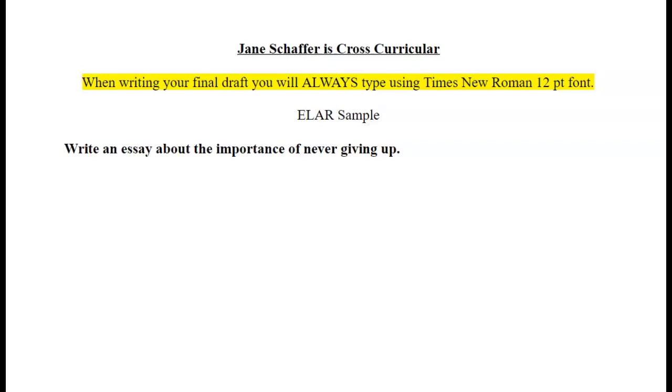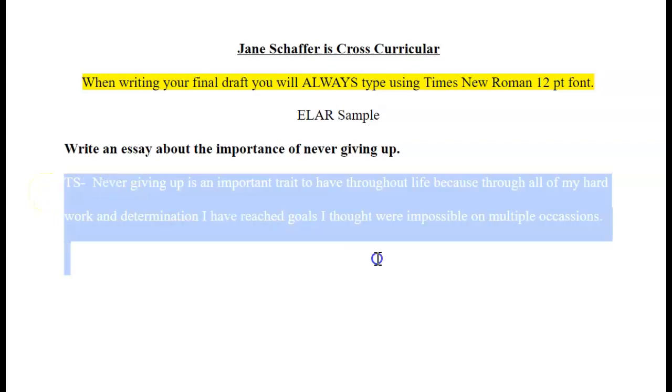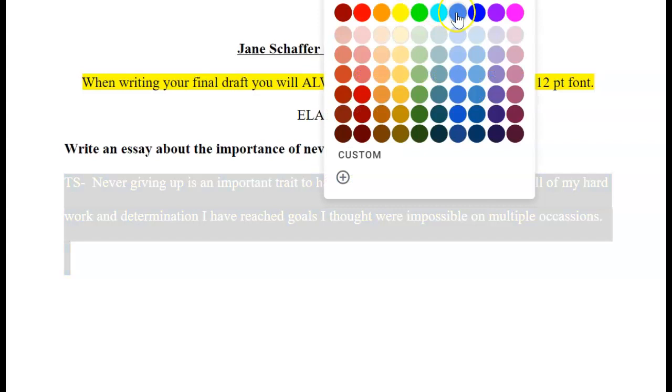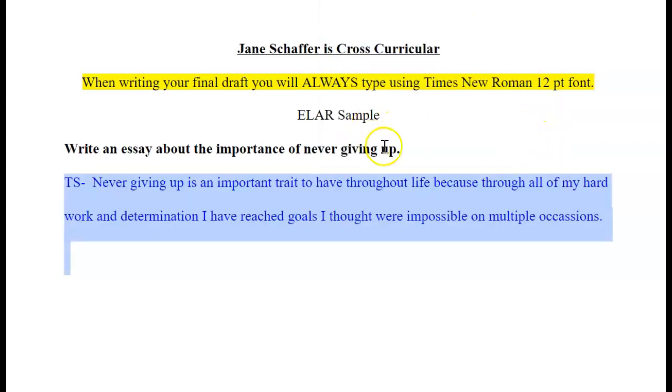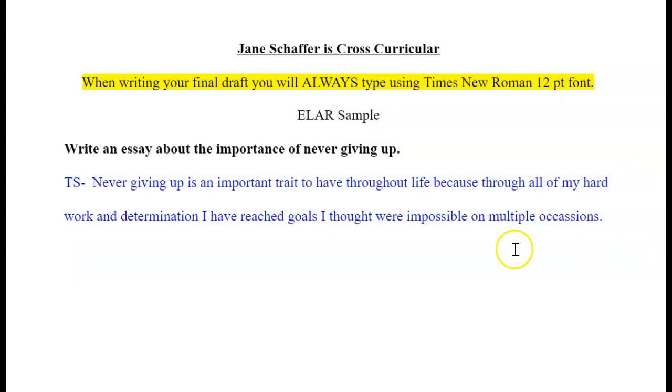Okay, so let's look at this prompt. It says, write an essay about the importance of never giving up. So the first thing, after I would brainstorm, then I would go through and I would come up with my topic. Your topic sentence is always going to be blue. So with this prompt, I came up with a sentence. Never giving up is an important trait to have throughout life because through all of my hard work and determination, I have reached goals I thought were impossible on multiple occasions.